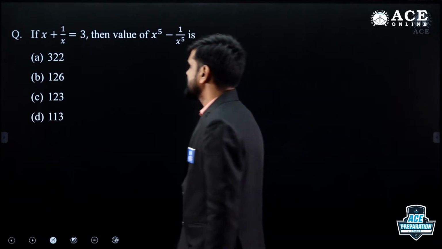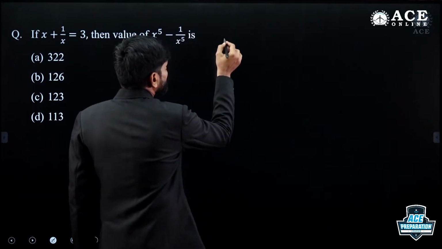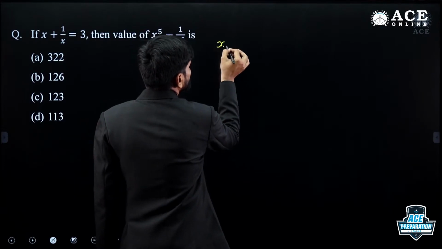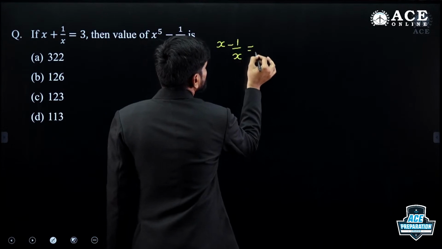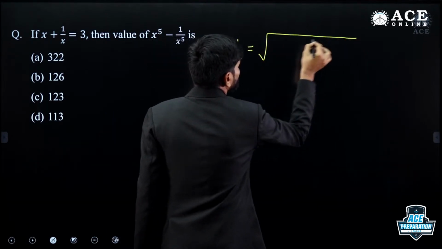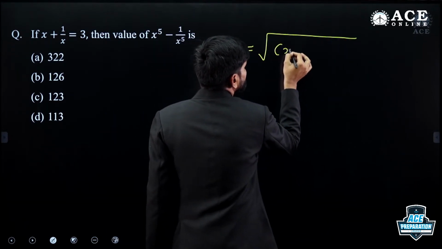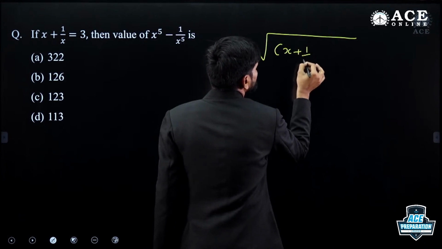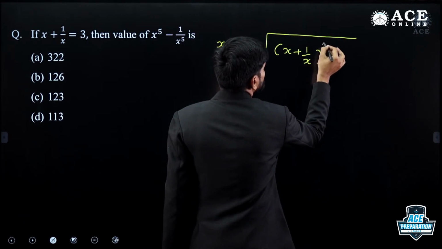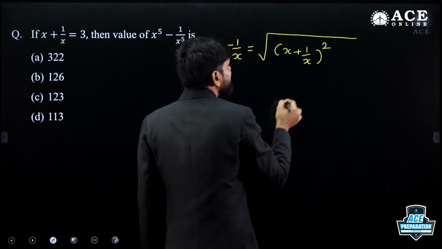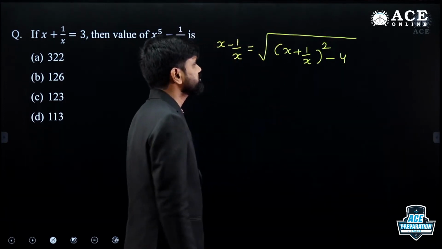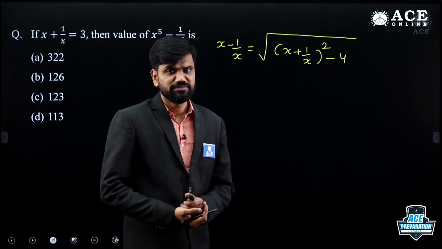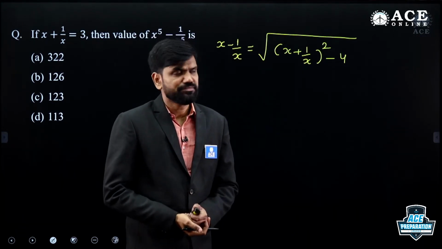Right? Check dear. So if I want x minus 1 by x, I can directly say that x minus 1 by x is equal to square root of x plus 1 by x whole square minus 4. This we have already seen.